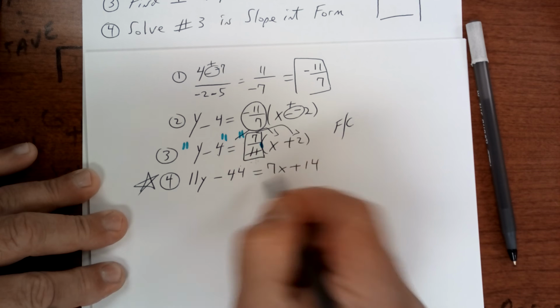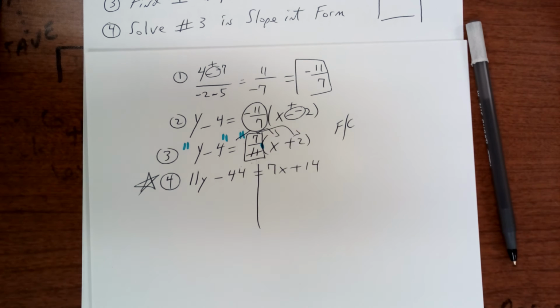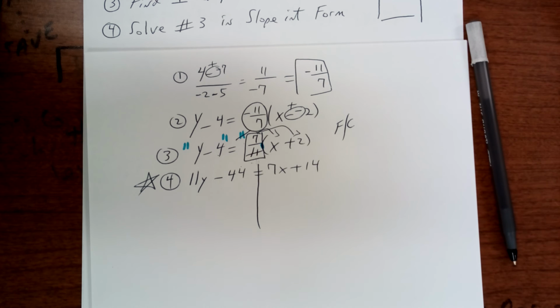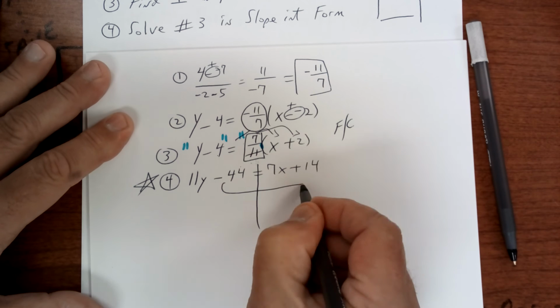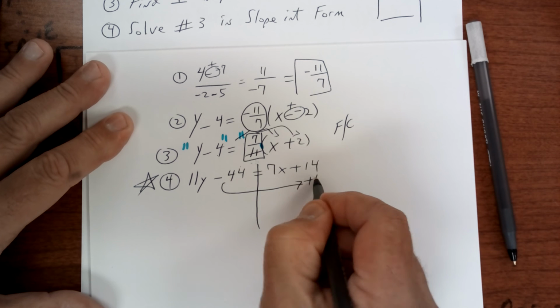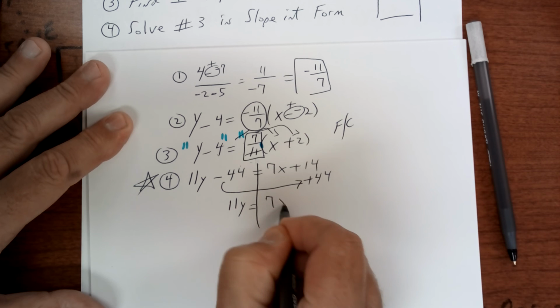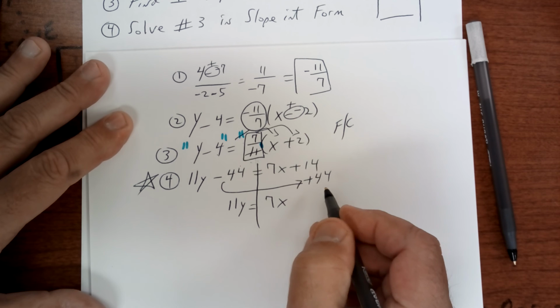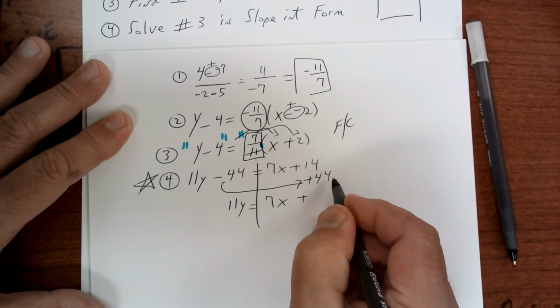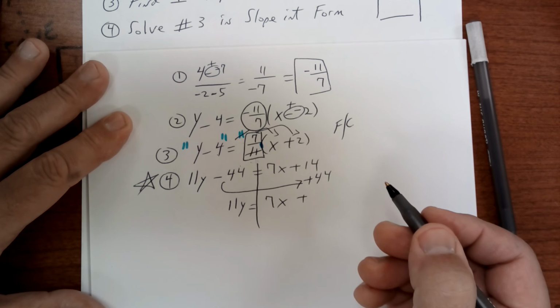Draw a line. And what you want to do is solve this equation for y, which is slope-intercept form. So you're going to move this 44 over here. It becomes a plus 44. So you get 11y equals 7x. And that looks like 44, and now it's going to be 58.